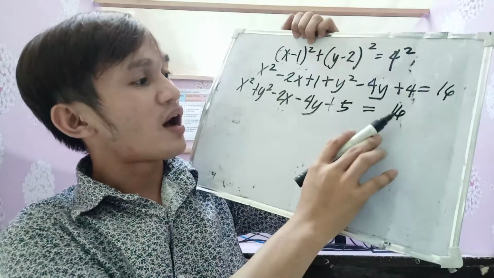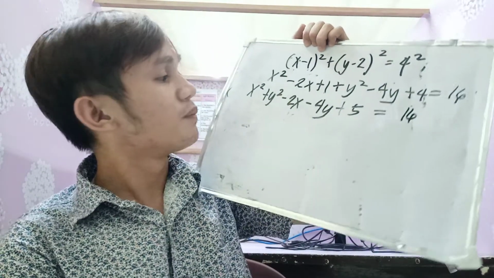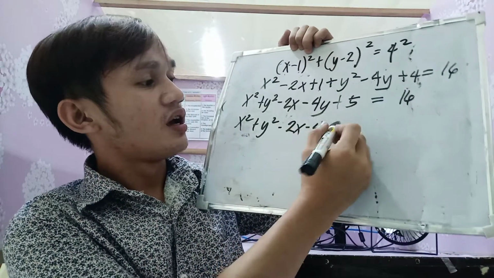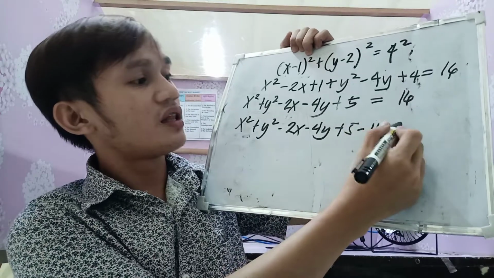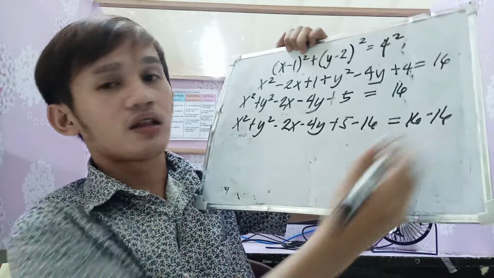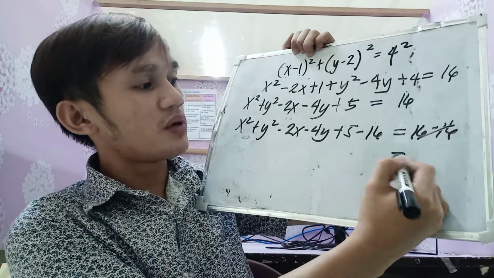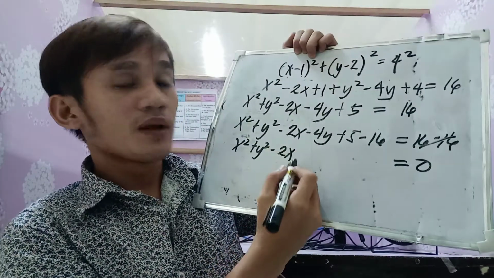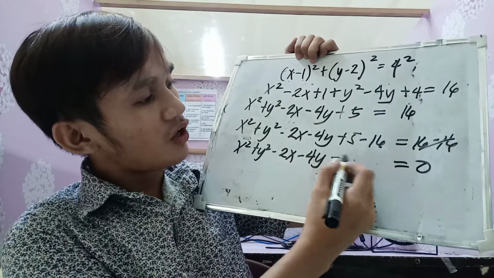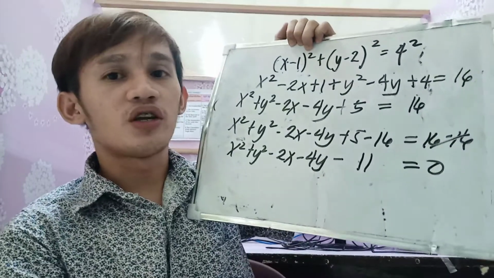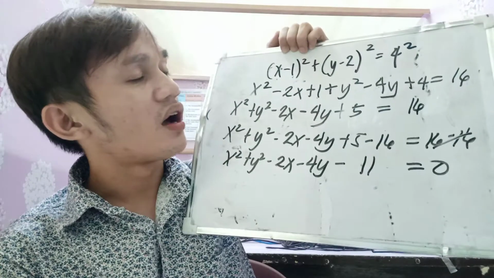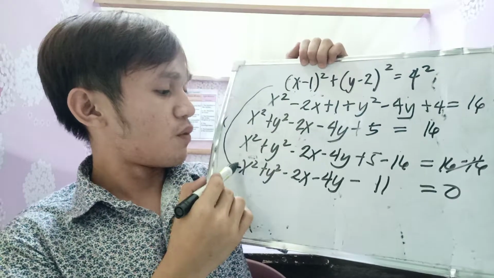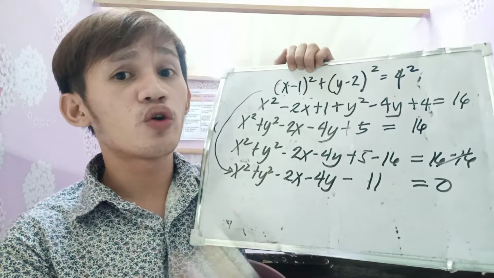So in order for us to have 0 on the left, since we're dealing with general form, this will be x squared plus y squared minus 2x minus 4y plus 5 minus 16 is equal to 16 minus 16. So this will be cancelled, so this will be equal to 0. So x squared plus y squared minus 2x minus 4y minus 11 is equal to 0. So we are now done with transforming or writing standard form to general form of a circle. And that is how you are going to do that.